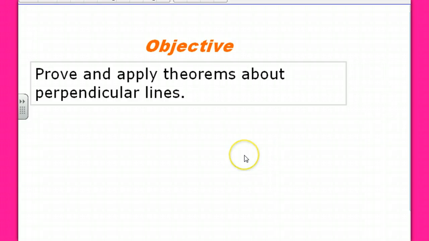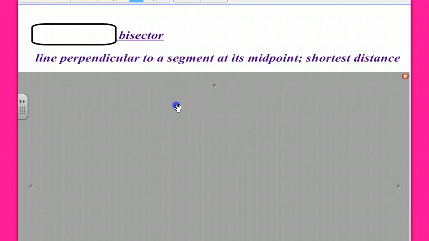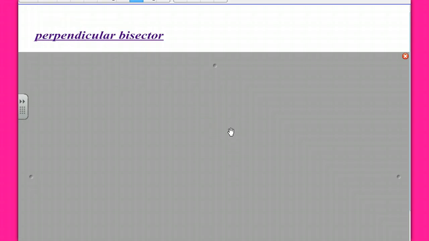Good. Okay, so today we're going to prove and apply theorems about perpendicular lines, but perpendicular rather than parallel. The theme of today is perpendicular. So if we have a perpendicular bisector, what can we say? If a segment bisects another segment, what can we say?